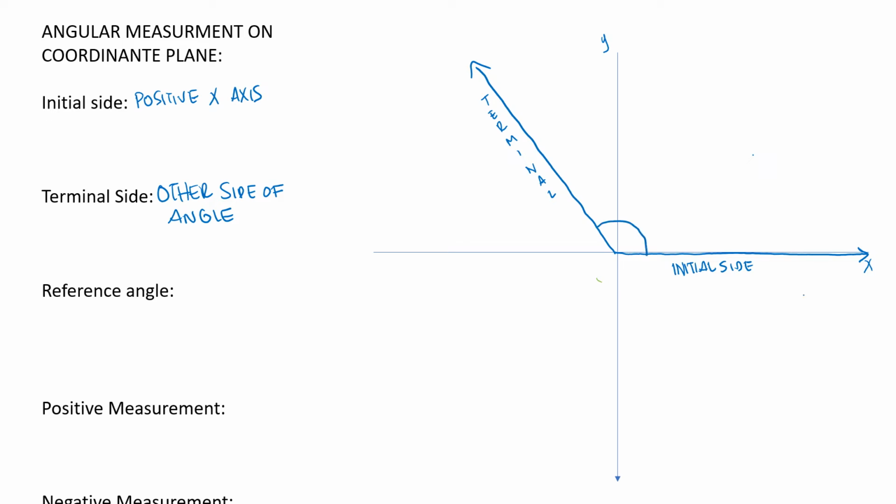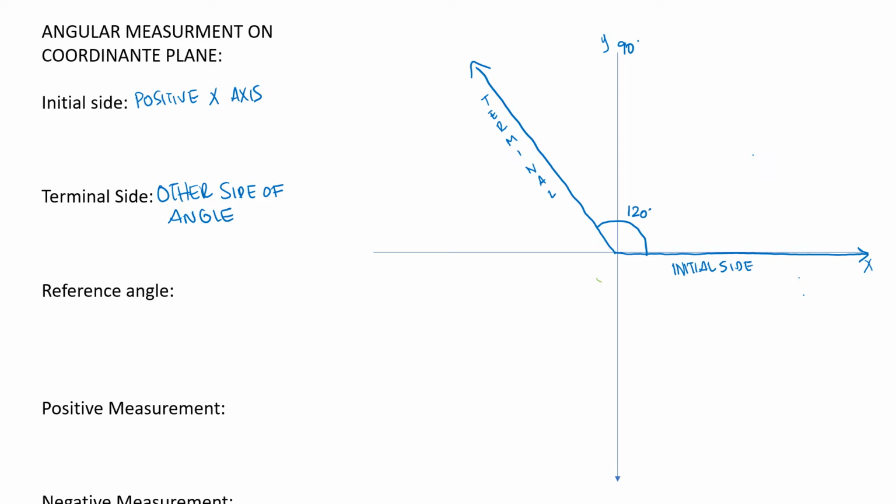If I'm starting and going in a positive direction, positive is when you go counterclockwise. I know that if I stopped at the y-axis, that would be 90 degrees. So let's say I went 30 degrees past. So this might be a 120 degree angle.